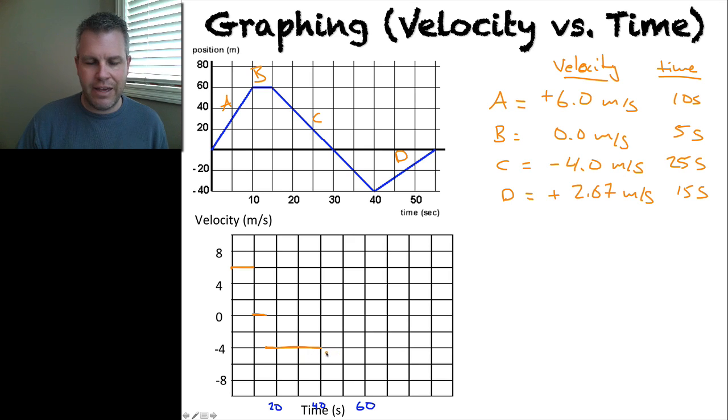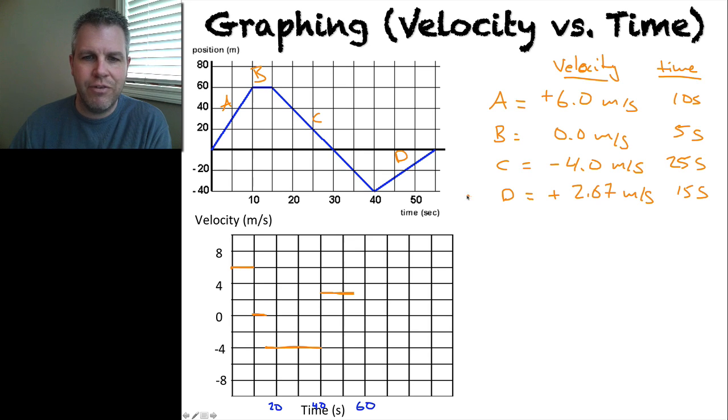Okay, and then again positive 2.7, so almost 3, so that's going to be right in around here. And that goes until 55 seconds. Okay, and I know my lines aren't perfectly straight, but this is the information.